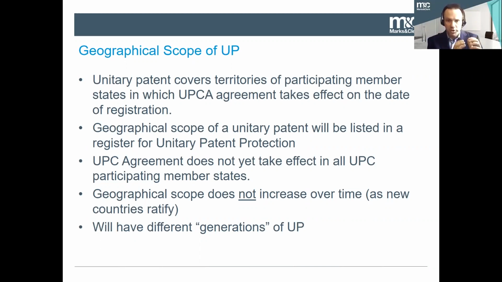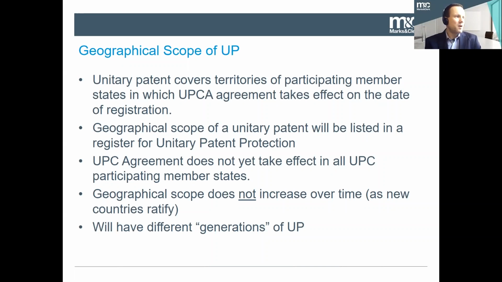The territorial coverage of the old UP will not increase. If a patent grants later and you want unitary protection, then Ireland is covered. But once the territorial scope is set, it will not change irrespective of later depositions of instruments of ratification. In other words, there will be different generations of unitary patents.